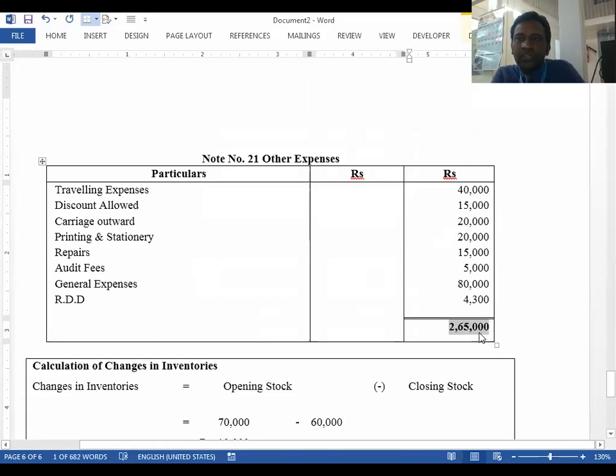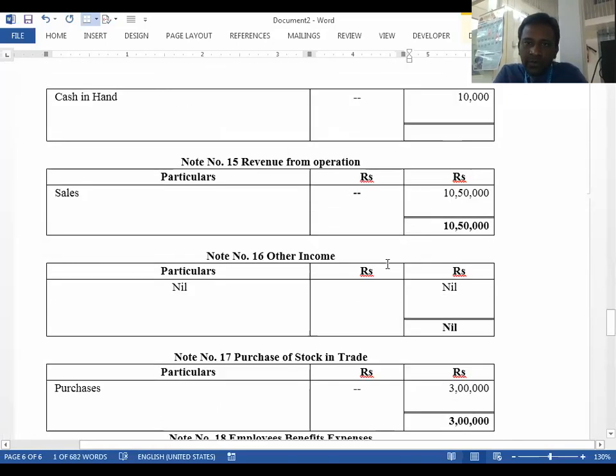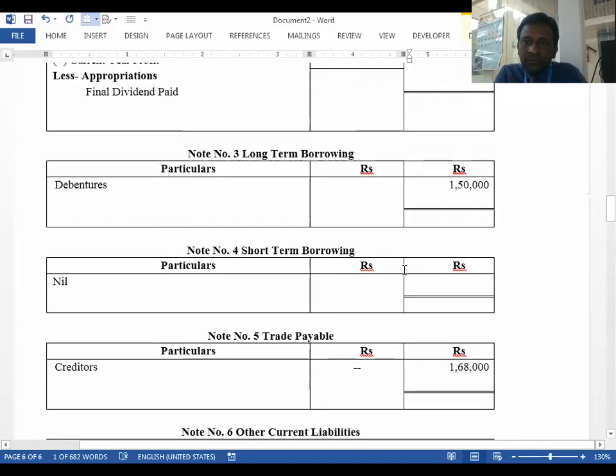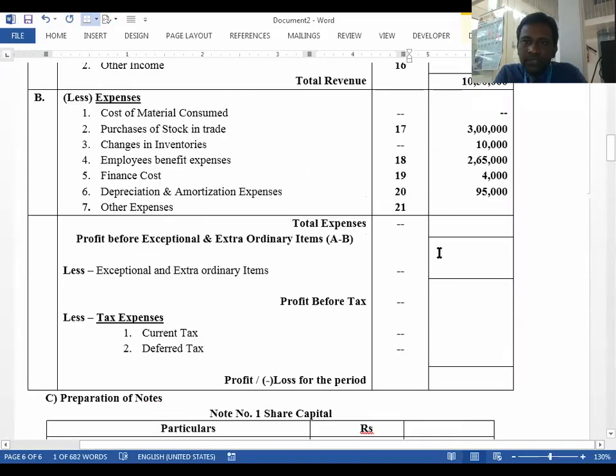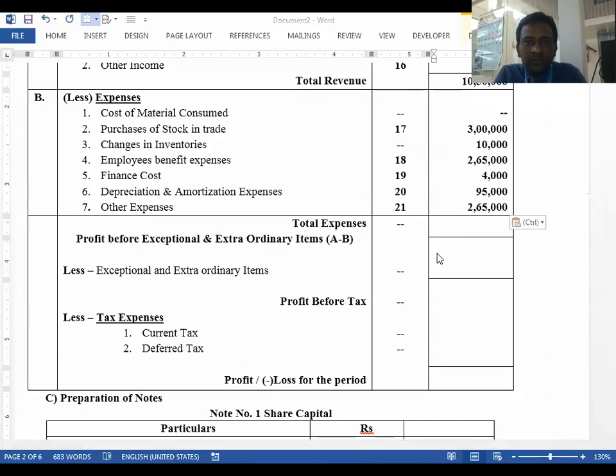So today we only close the profit and loss account. This item is correct now. I have some doubt about this figure, 2,65,000. Okay, no issue. Many people sent the same answer.